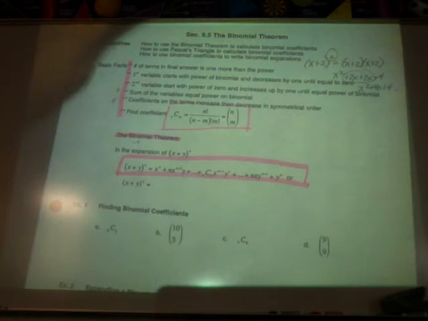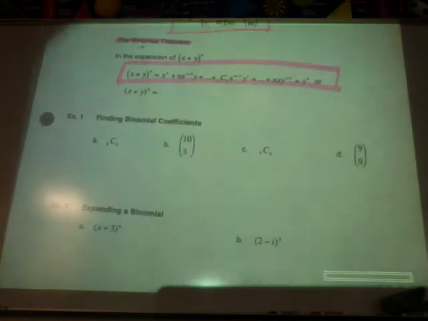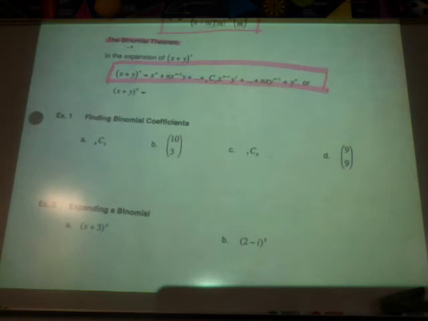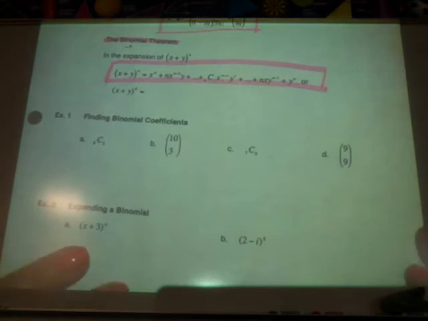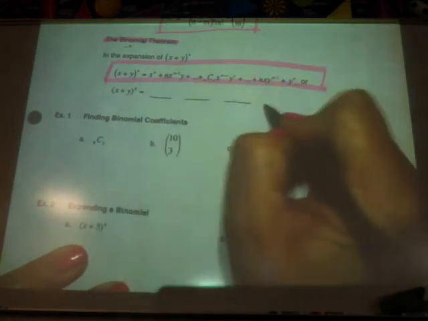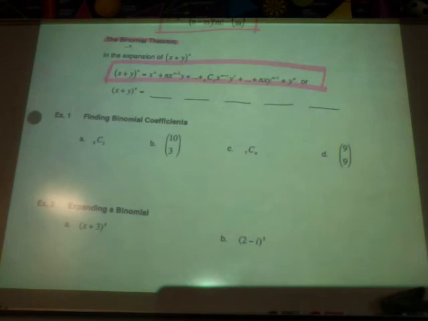So here's how we're going to expand it. If we've got x plus y to the 4th, how many terms am I going to have, according to what we saw above? 5. So I'm going to put 1, 2, 3, 4, 5 blanks, because I know I'm going to have 5 terms.